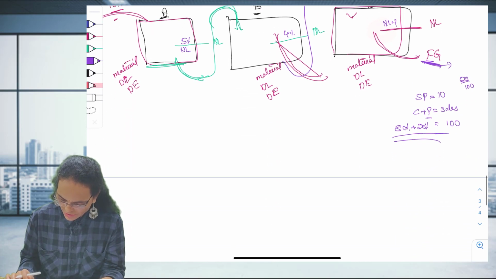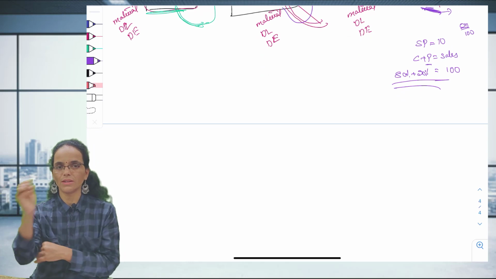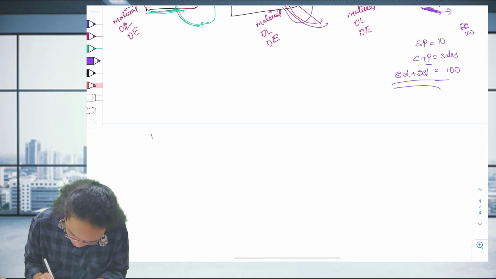There are three processes. I'll write a little bit small.